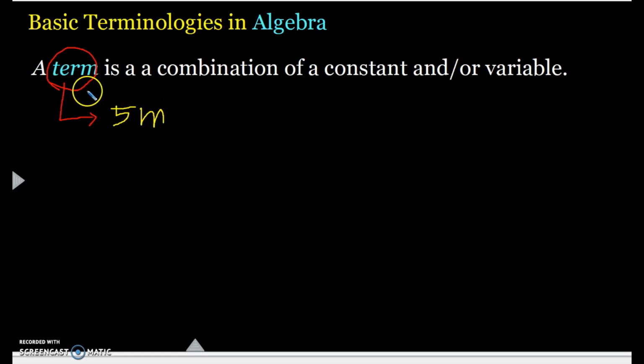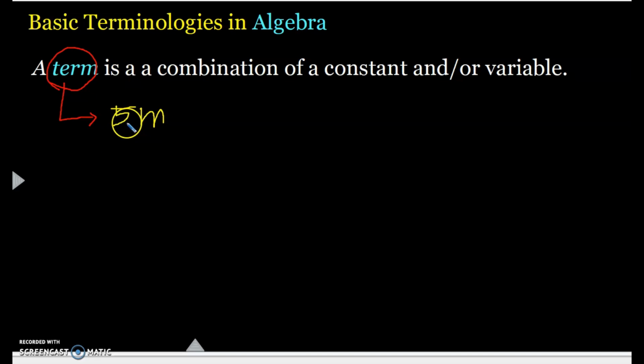When we say term in algebra, it is a combination of a constant and/or a variable, because a term may consist of a constant only, that's a number only, a variable only, or a combination of a constant and a variable. Since there's no symbol between 5 and m, it's understood that it's multiplication.